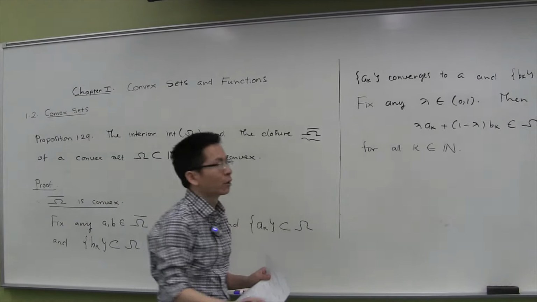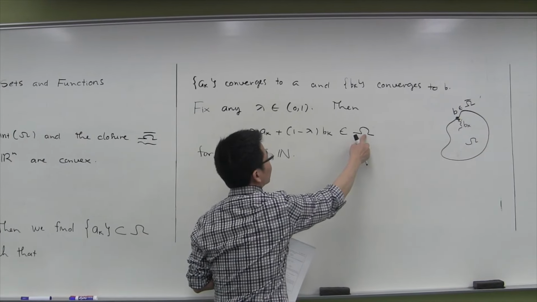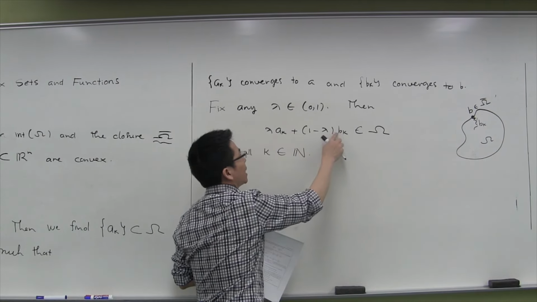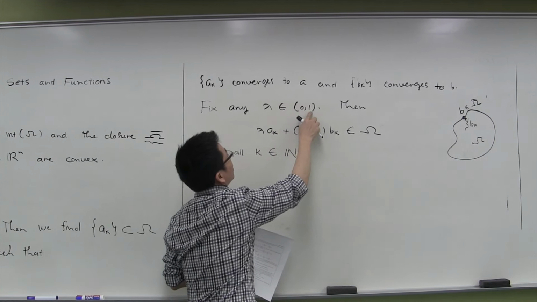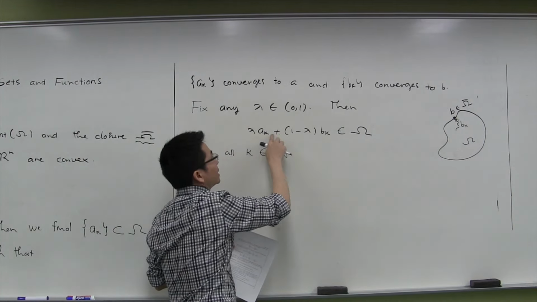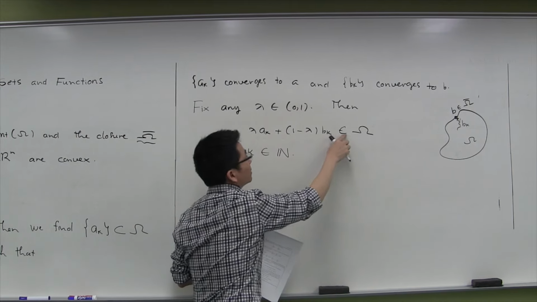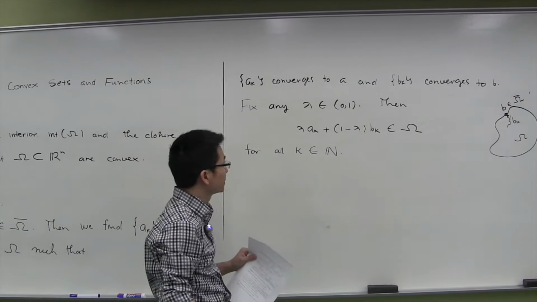Again, this follows from the convexity of omega. a_k and b_k are in omega. Lambda is in the interval 0, 1. Therefore, lambda a_k plus 1 minus lambda b_k belongs to omega.